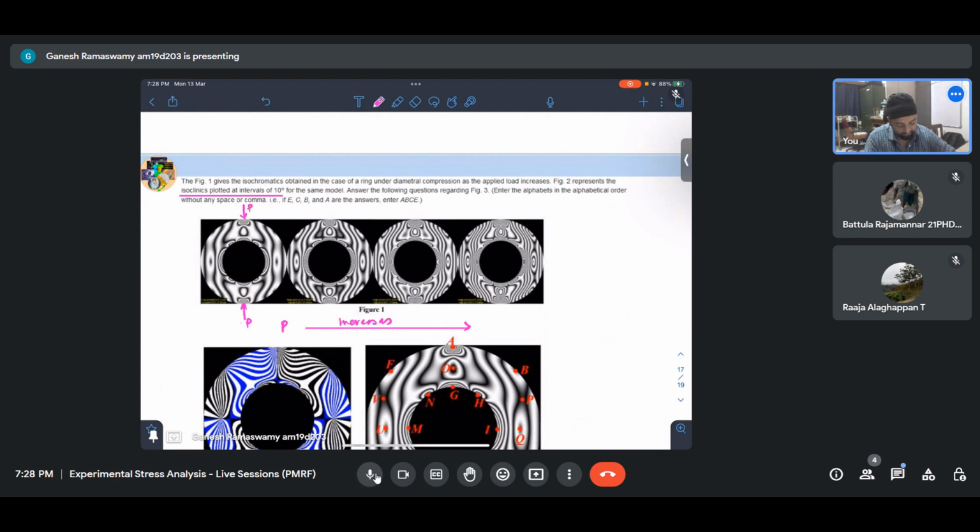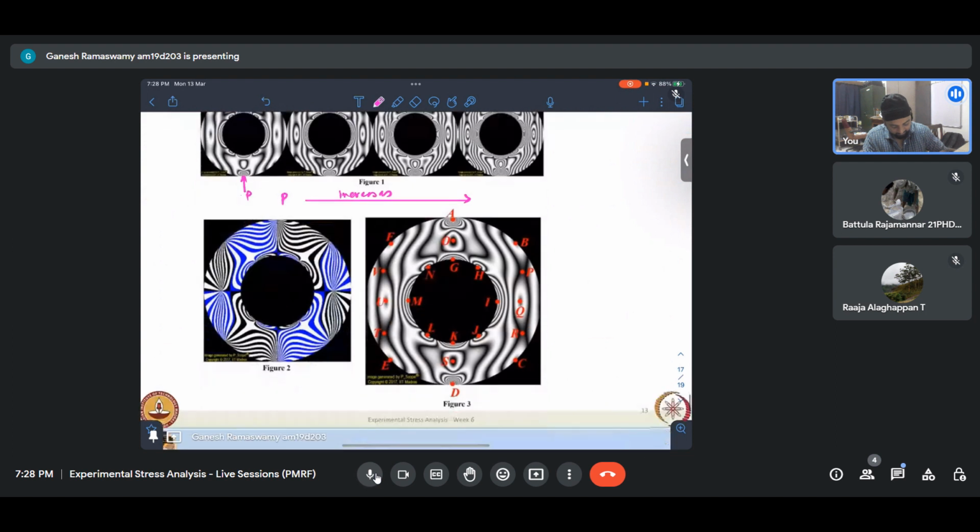So these are all the isoclinics, and this is the isochromatic for some load P. And we have been asked to identify what these points are.